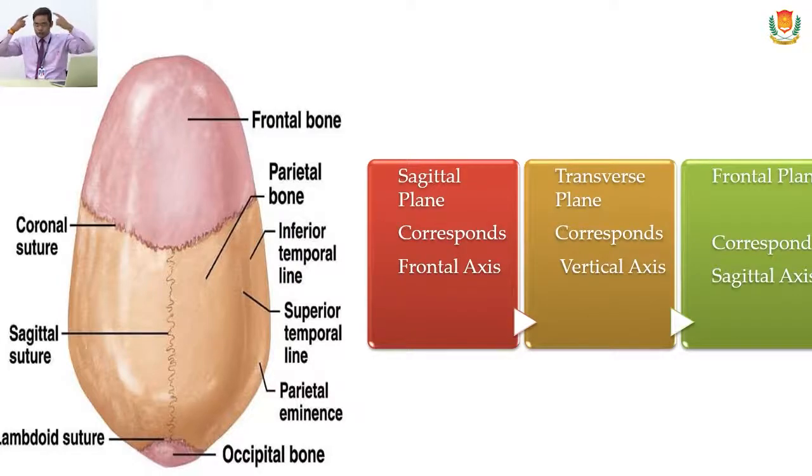The joint which is coming here is called the coronal suture. Let me tell you that the joints of the skull, which are non-moving joints, are known as sutures. The sutures joining the frontal bone and the parietal bone, running like this, are known as the coronal suture. And the suture lying straight behind that is known as the sagittal suture.